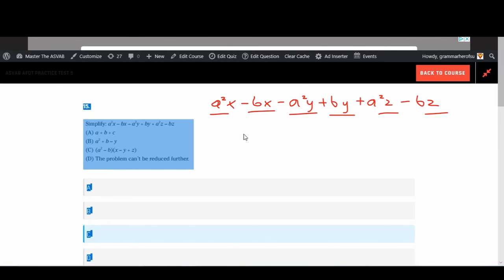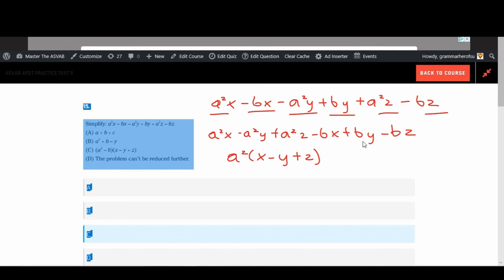So to make that easier, I'm going to rewrite this as a squared x minus a squared y plus a squared z minus bx plus by minus bz. I can see that from these a squareds, I can pull out an a squared, and that would leave me with x minus y plus z.